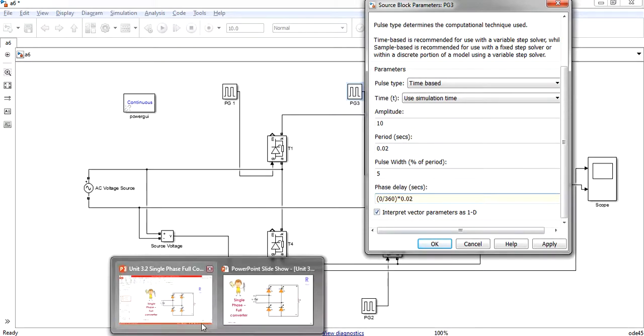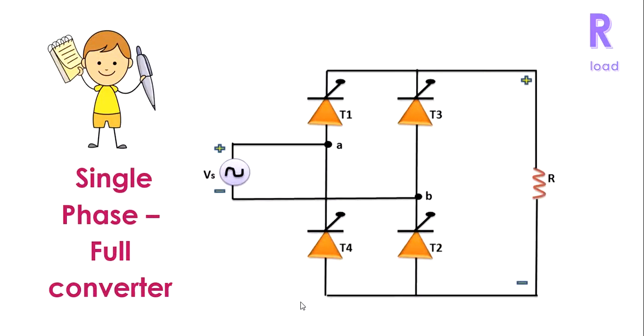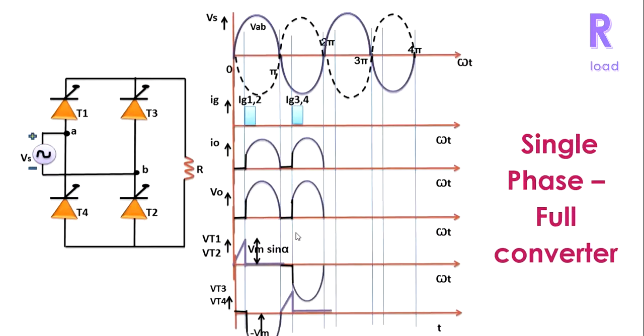If you refer to the diagram, the first pulse will be triggered at alpha and the next pulse will be triggered at pi plus alpha. So whatever your alpha is, alpha plus 180 will be the phase delay for the second pulse.